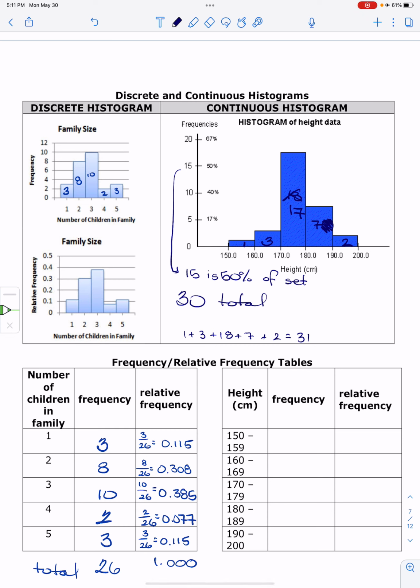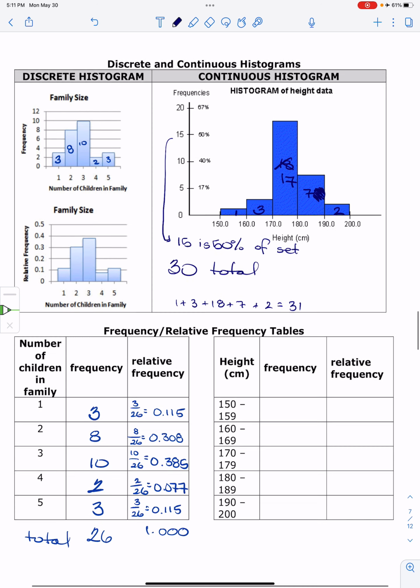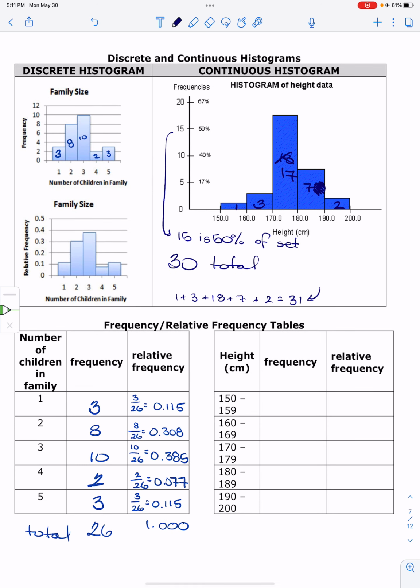Okay, I do want to make sure that my numbers match what I'm supposed to have in there. Too many. So I've got 1, 3, 17, 7 and 2.